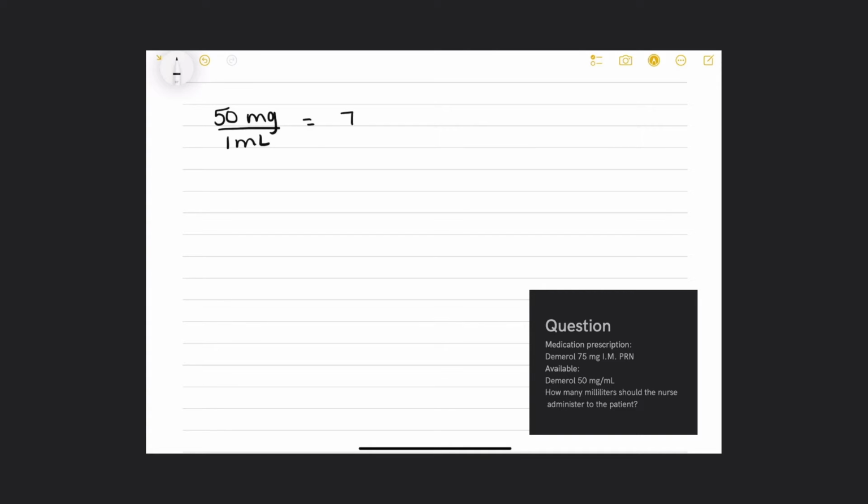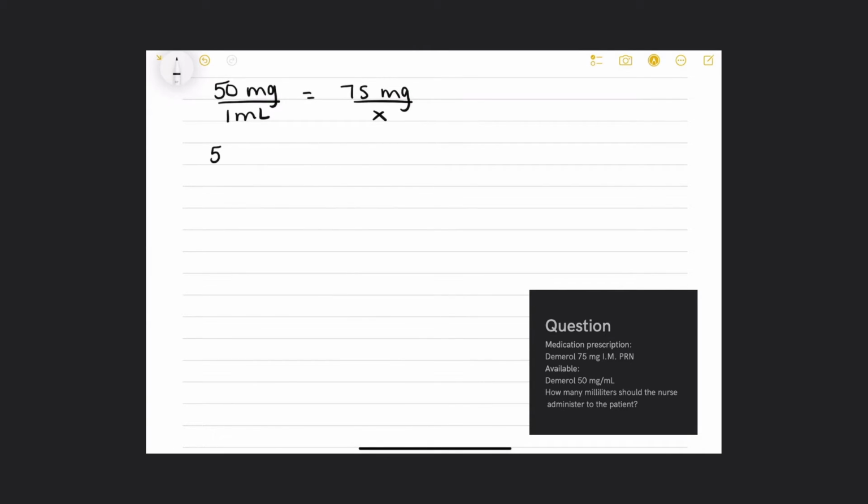So what we'll do is we will set up what we know. We know that what we have available is 50 milligrams per 1 ml. And what we're trying to find is how many mLs will give us 75 milligrams. Now all we have left to do is cross multiply. So 50 times x will give us 50x, and 75 times 1 will give us 75.